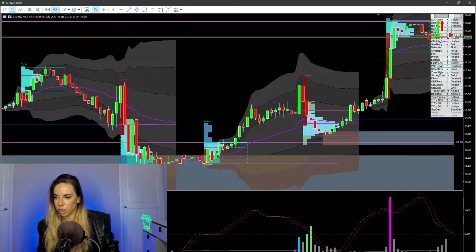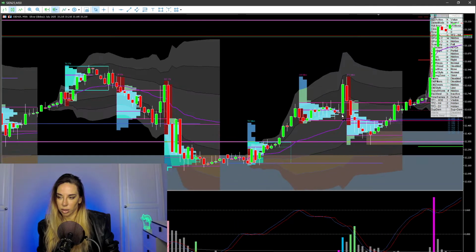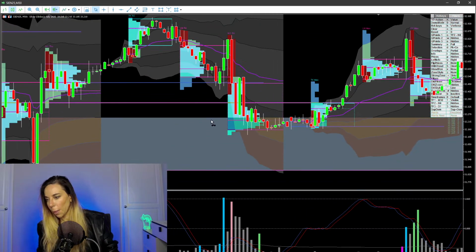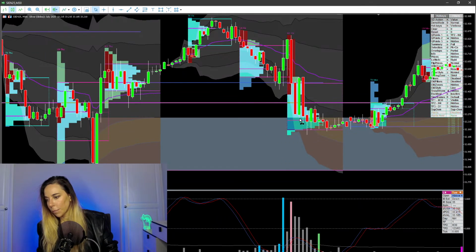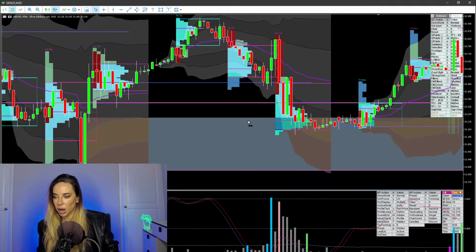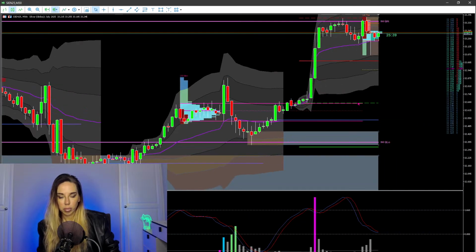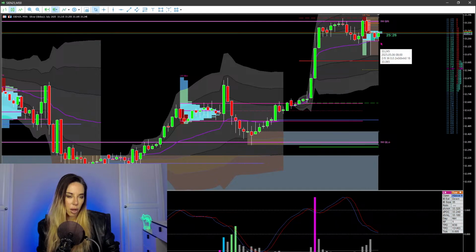Because look at this, it's like one day where it's haphazardly going down during London Friday. But yeah, most of the nice trends seem to be located during Asia. It's interesting from the point of view that it hit the average daily range pretty early. Now, average daily range can bring further downside into the picture.